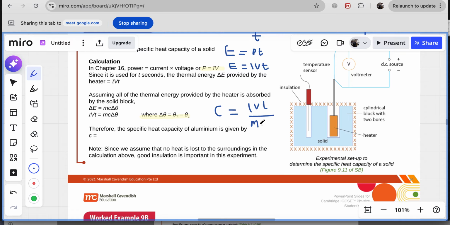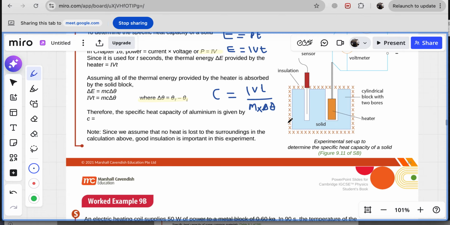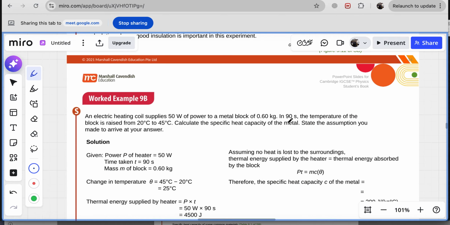You have to measure the mass of the solid block by weighing it on a beam balance and record it. The temperature sensor helps you note the first and the final temperature, giving the change in temperature, and you calculate your specific heat capacity. So you find an experiment to describe all of this, and you write it in paper 6.